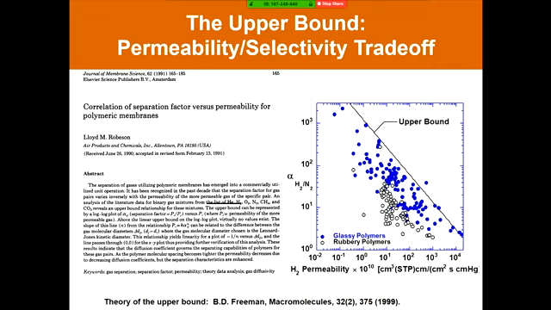And what's generally found is that materials that have high permeability have low selectivity and vice versa. And this trend was coined by Lloyd Robeson in the early 90s as a so-called upper bound, and Lloyd drew these lines across his data empirically and by eye. And essentially what it recognized was that there are very few materials that are in the upper right-hand corner.